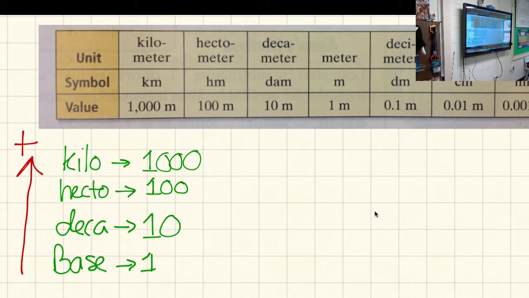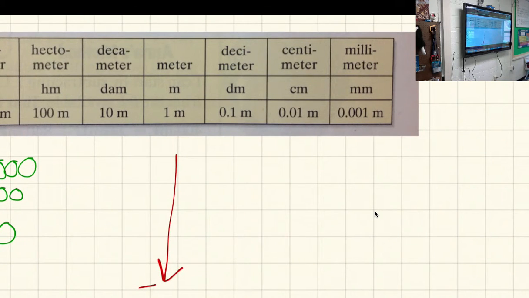But what if we were getting smaller, okay? So what if I wanted to go down? We would start with the base of 1. But then what's the next little word that we have to worry about? Deci. Deci actually comes from kind of similar to decimal. It means part of 1.